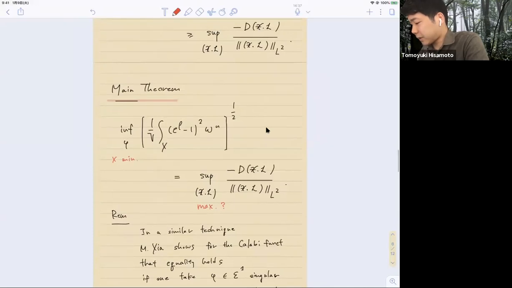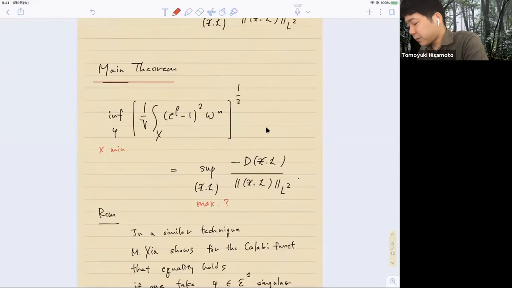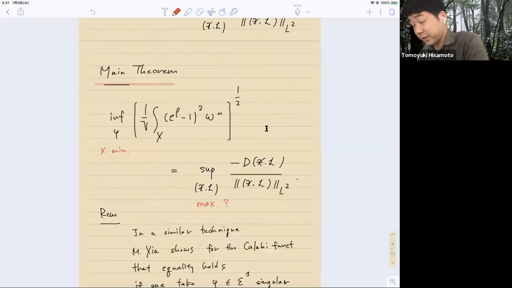But I can say something about a special case, for example, the toric Fano manifolds. In the toric Fano case, the right-hand side is actually the maximum and is attained by some convex function, but it does not have rational coefficients in general. But there exists some irrational convex function which attains the supremum. So it's a maximum.